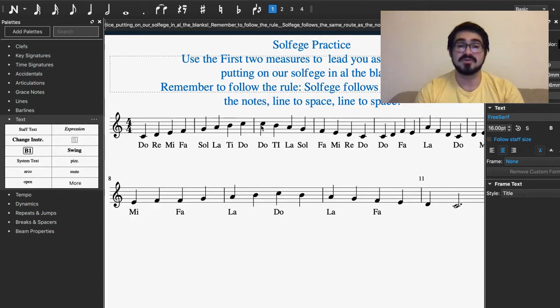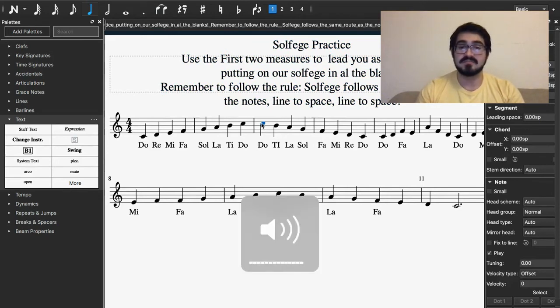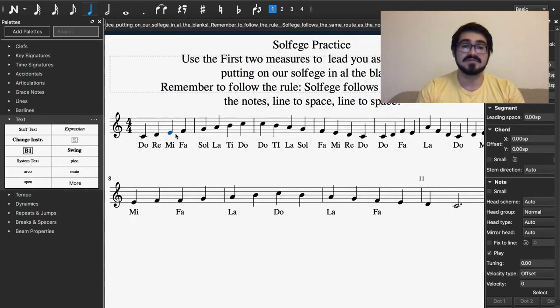So if this is our do here again, remember we've talked a little bit before about our high do and our low do. Well, do is the same no matter what. If our do starts on C, then anywhere that there's a C, that's our do. So if we start in this upper one, this do up here would also be C. So we have do, re, mi, fa, sol, la, ti, do, do, ti, la, sol, fa, mi, re, do.